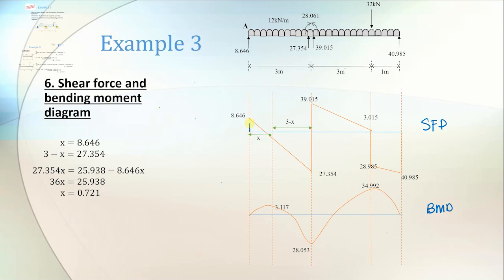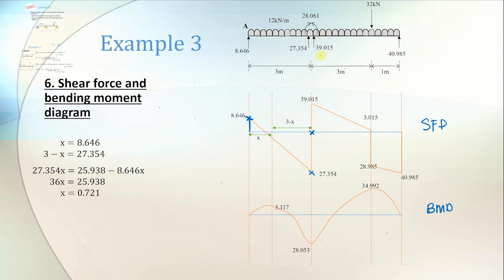Going up, since we have reaction RA, 8.646, and next you see there is a UDL for 3 meter long, so 8.646 minus 12 times 3 meter, because 1 meter of loading is 12 kN, but your loading is for 3 meter long, so you multiply by 3. So 8.646 minus 36, you get negative 27.354. You see there's RB1 which is 27.354, back to 0 again.